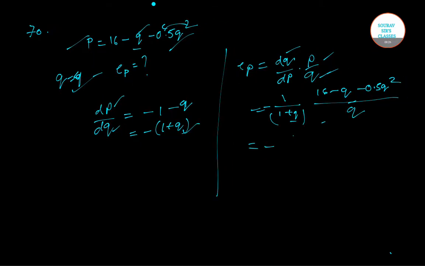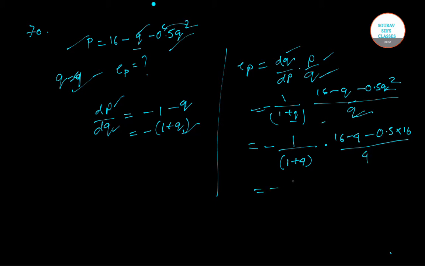Now if you put it, you will get 1 plus 4 into 16 minus 4 minus 0.5 into 4 square, which is 16, sorry, 4 square is 4 4s are 16, divided by q, which is also given as 4.